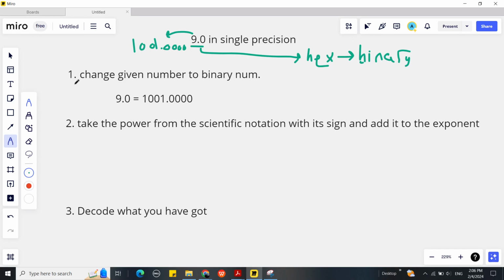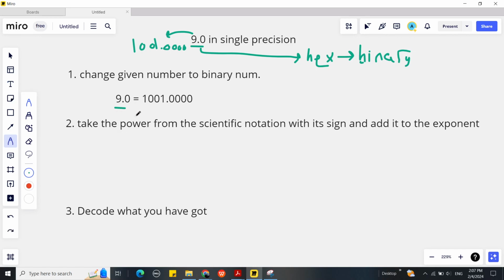Okay, step 1: change the given number to a binary number, and as you can see, 9 is 1001.0000. Now, take the power from the scientific notation with its sign and add it to the exponent. This sounds kind of weird, but it's pretty simple and easy.